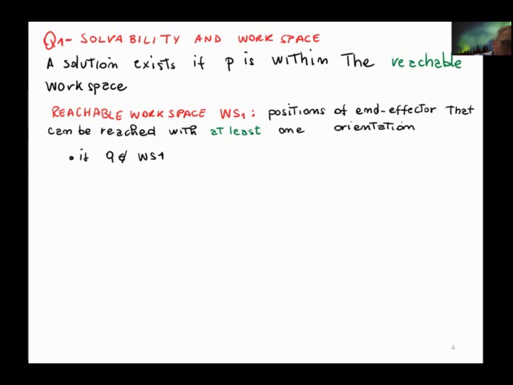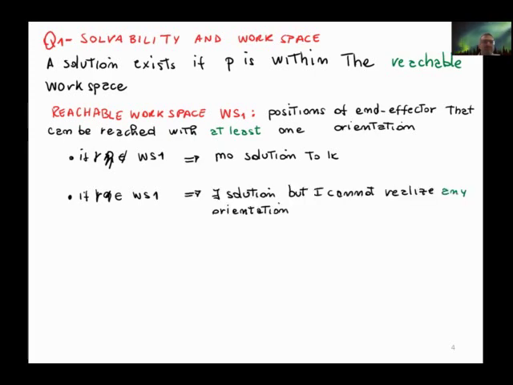If the end effector position doesn't belong to the reachable workspace, or primary workspace as well, then there is no solution to the inverse kinematics. If it belongs to the reachable workspace, then it means that there exists a solution, but that I cannot realize any orientation.